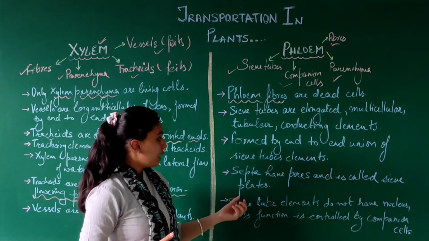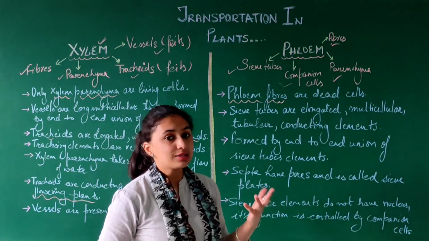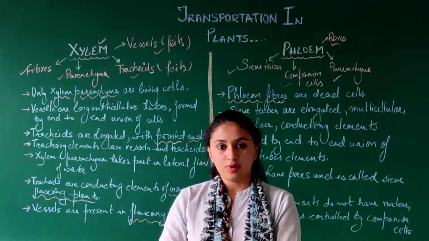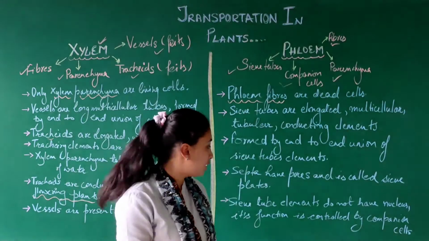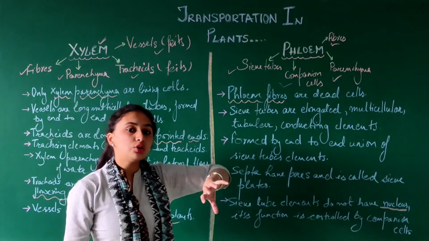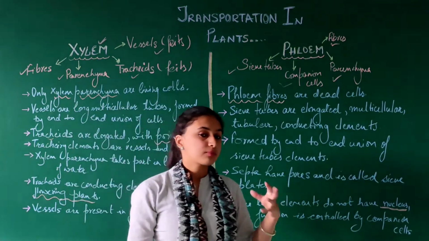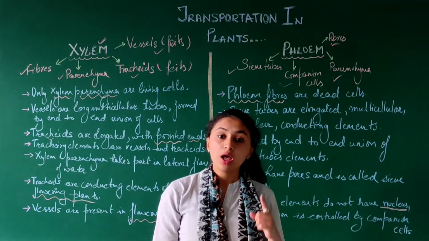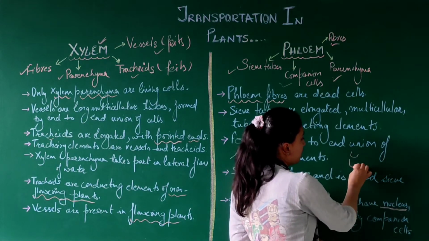After sieve tubes, there is presence of companion cells. As the name tells us, they help the sieve tube. Sieve tubes do not have their own nucleus, so the function of the sieve tube is controlled by companion cells. And sieve tubes are the conducting cells, tubular structures. Their cell to cell structure will have septa.